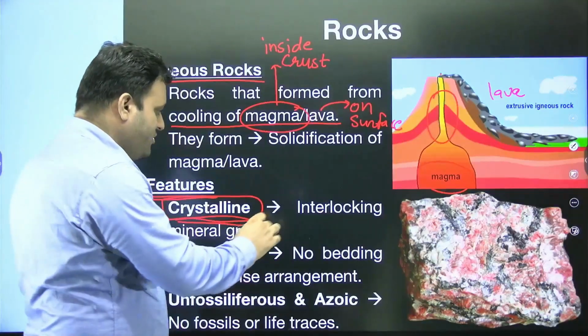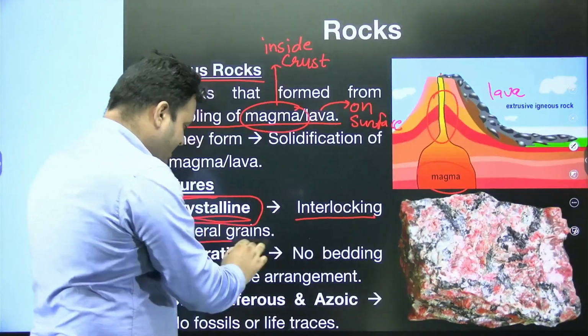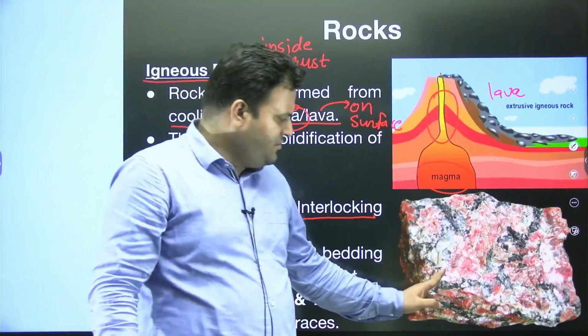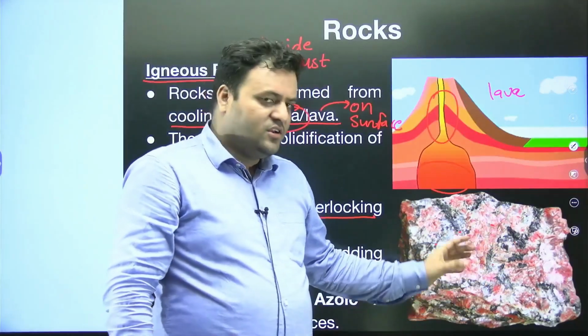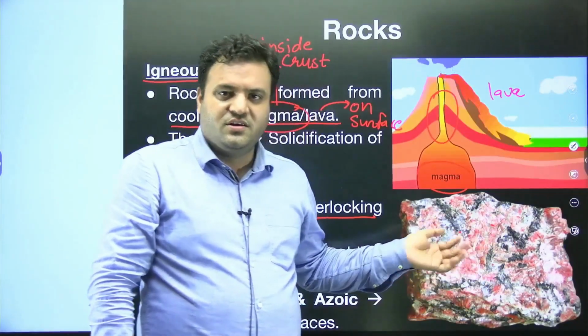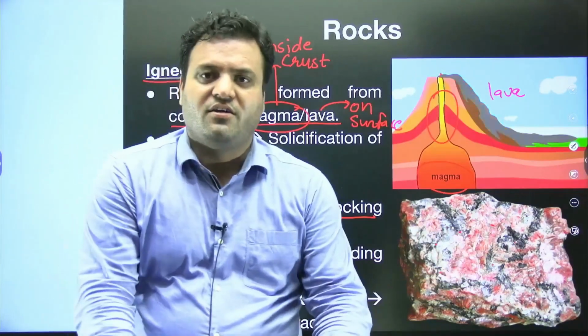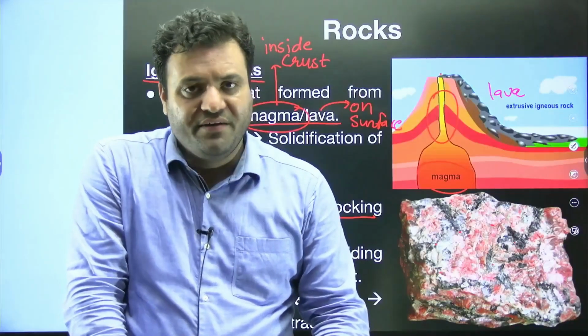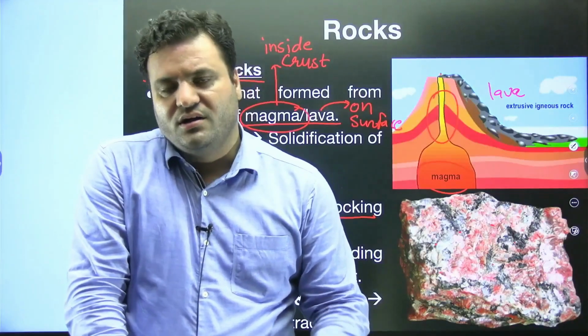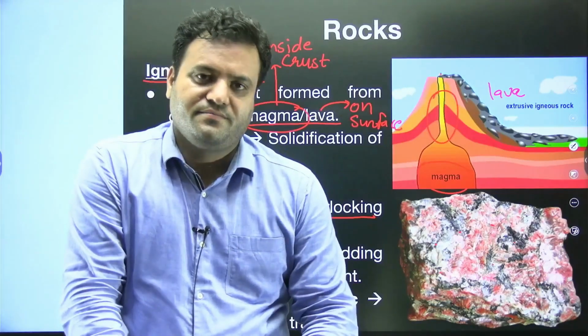And yes, we will also have interlocking mineral grains. You can see this particular rock is a bit shiny. So here we have crystal. Whenever we have a crystal, that rock has interlocking minerals.